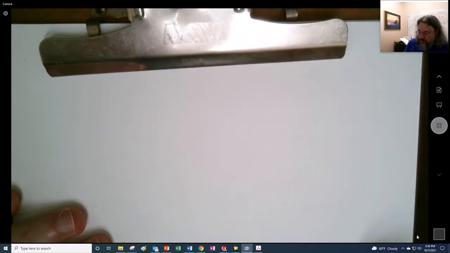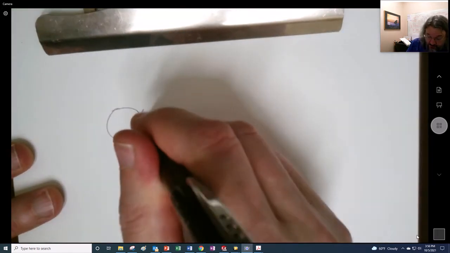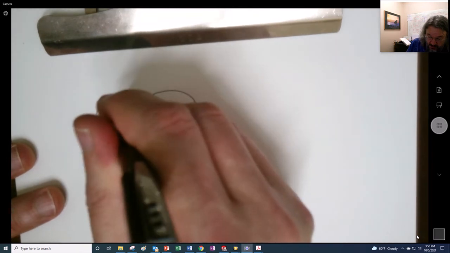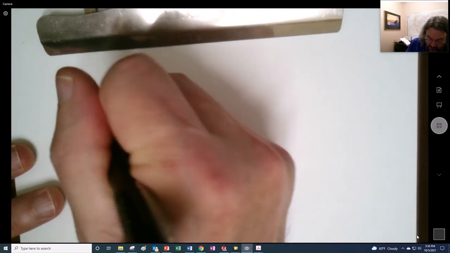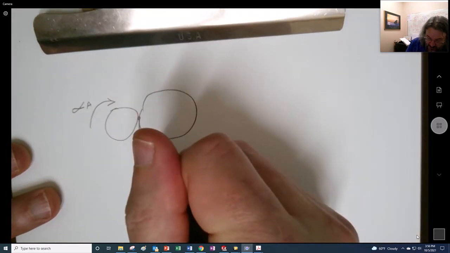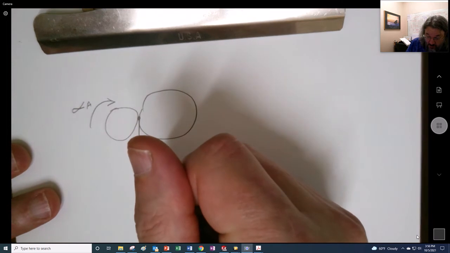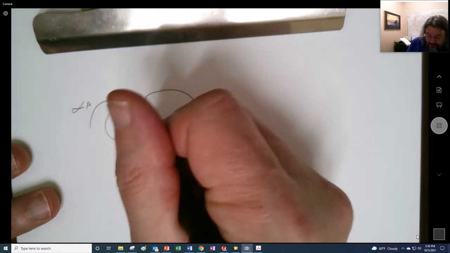What we could have done is figure out what the accelerations were for each of these, right? So this thing is accelerating, alpha A. It has an acceleration here, and an acceleration at the end of the thing.